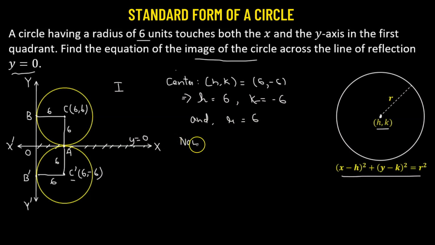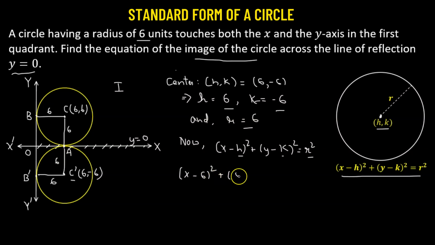Now we can use the standard form of the circle, x minus h whole squared plus y minus k whole squared equals r squared. All we have to do is replace the values of h, k and r with the respective values, and we get x minus 6 whole squared plus y. We have negative of negative 6, so that makes it positive 6. So we have y plus 6 whole squared equals the square of the radius.